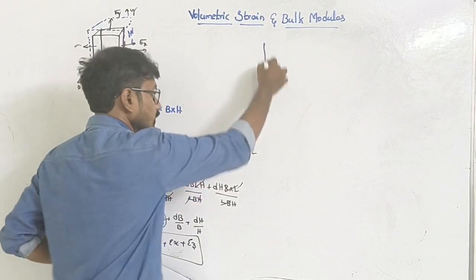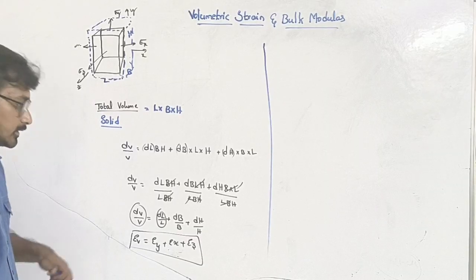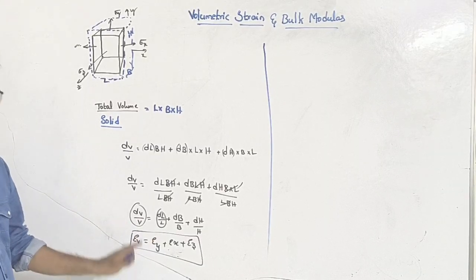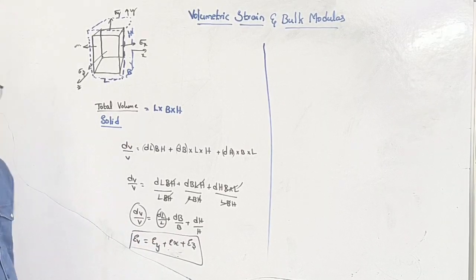From this we understand that volumetric strain is the sum of the strains in the individual axes.